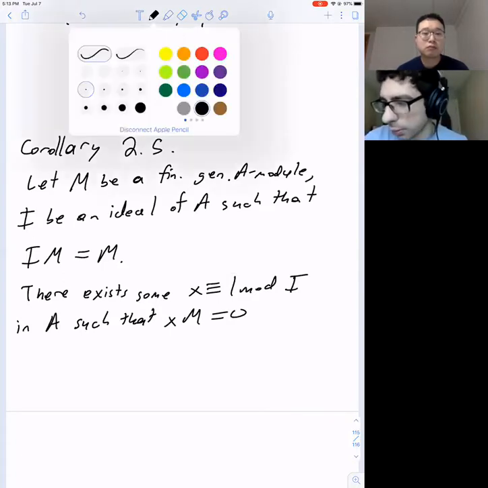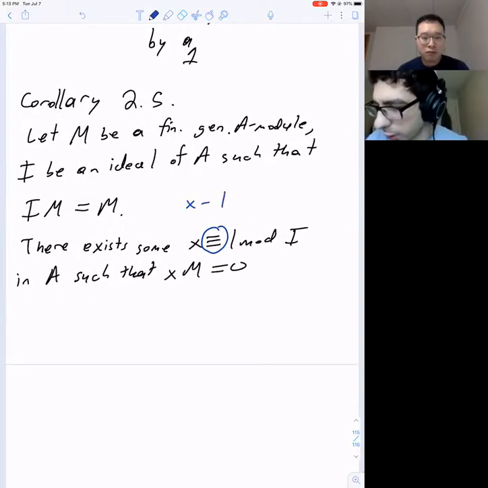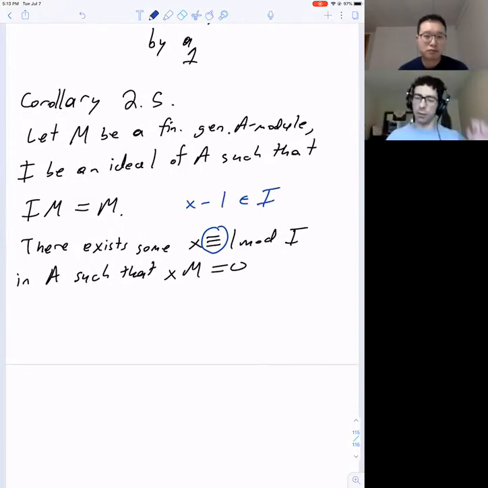What this symbol means is that x minus 1 is an element of the ideal.